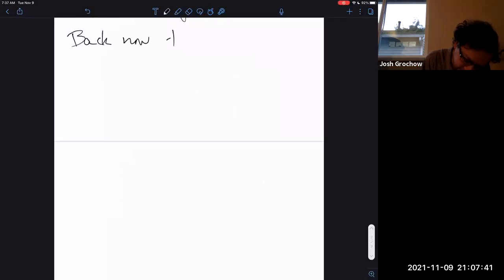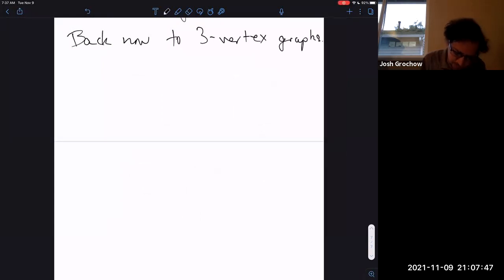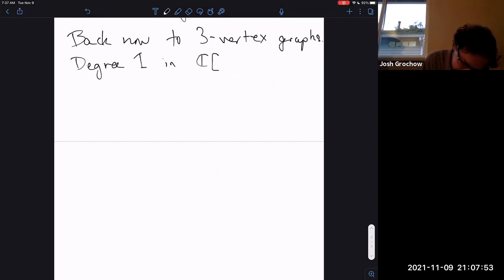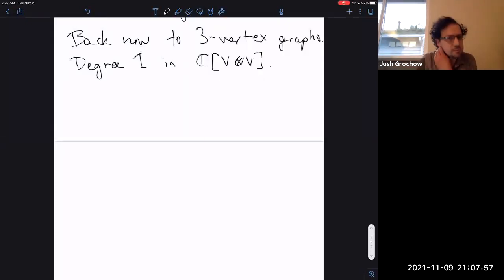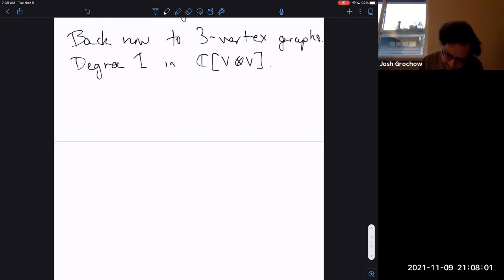Okay, so let's go back now to 3 vertex graphs, and let's consider degree 1 in here. So what is this? This is 9-dimensional, right?